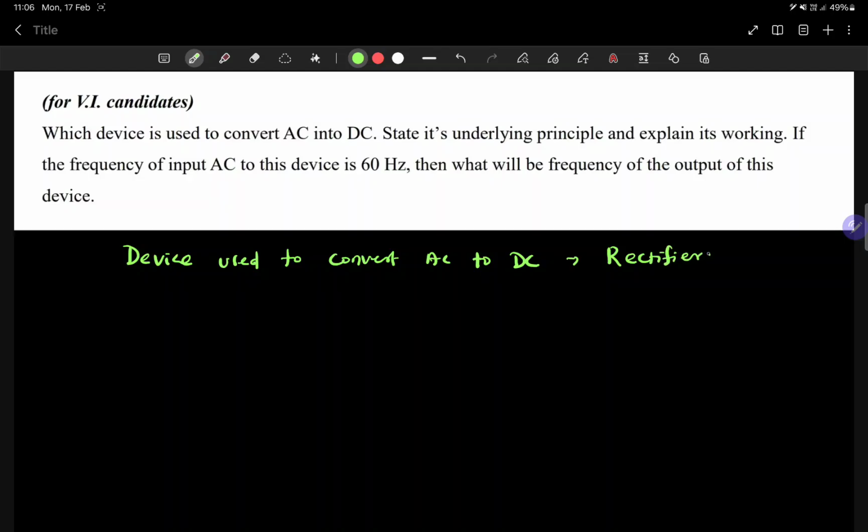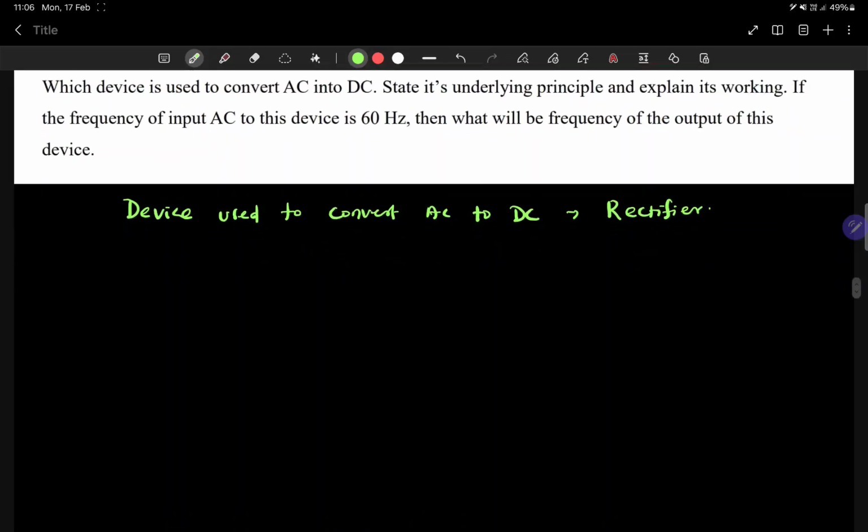Its name is rectifier. Okay, and what is its principle? As it converts AC to DC, it transforms the current.